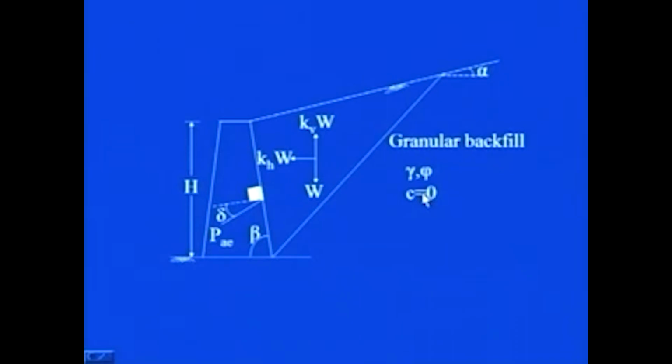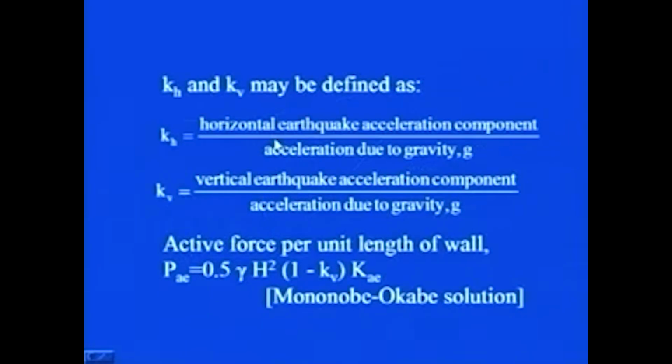So, C is equal to 0, gamma is the unit weight of the soil, phi is the angle of internal friction. Again in this case inclined backfill, which makes an angle of alpha from the horizontal, has been considered. Rest all things remaining same, only two additional components of weight due to earthquake will come into picture.